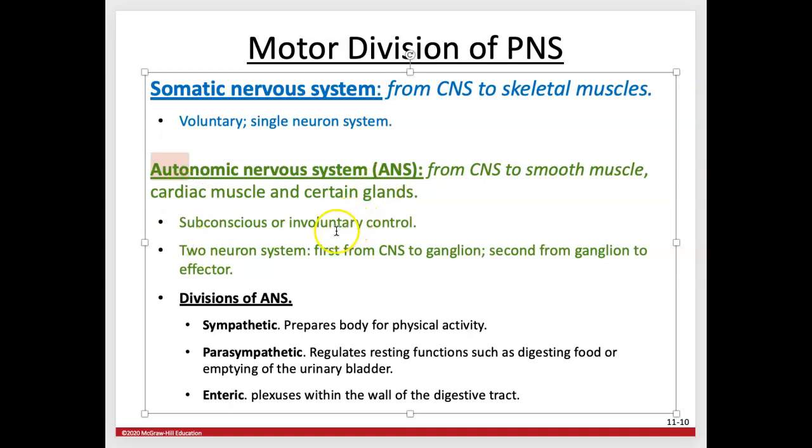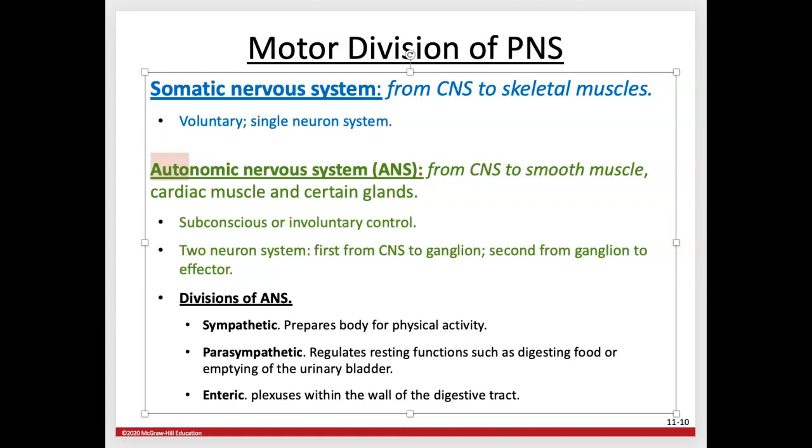It is involuntary. We do not think about it before it happens. We don't think about the smooth muscle found in our digestive tract digesting food. We don't think about our heart beating, and we don't think about our glands secreting certain hormones. So keep that in mind.